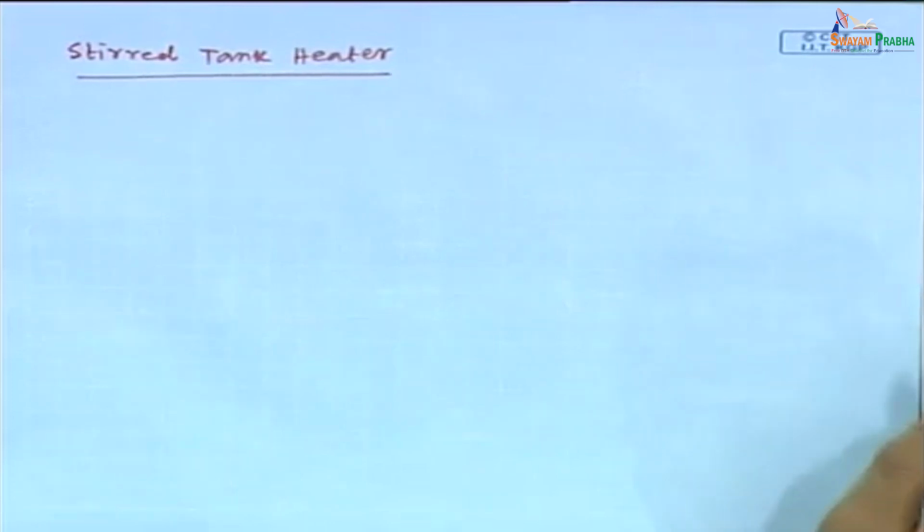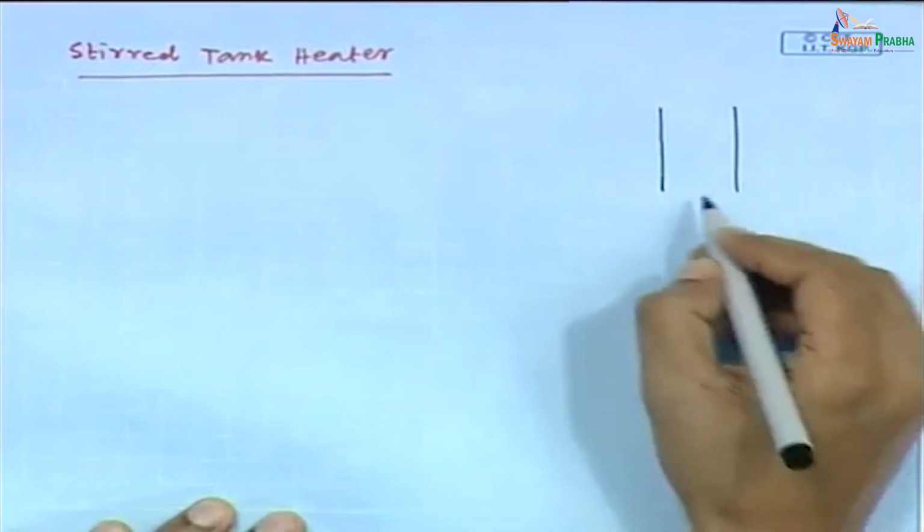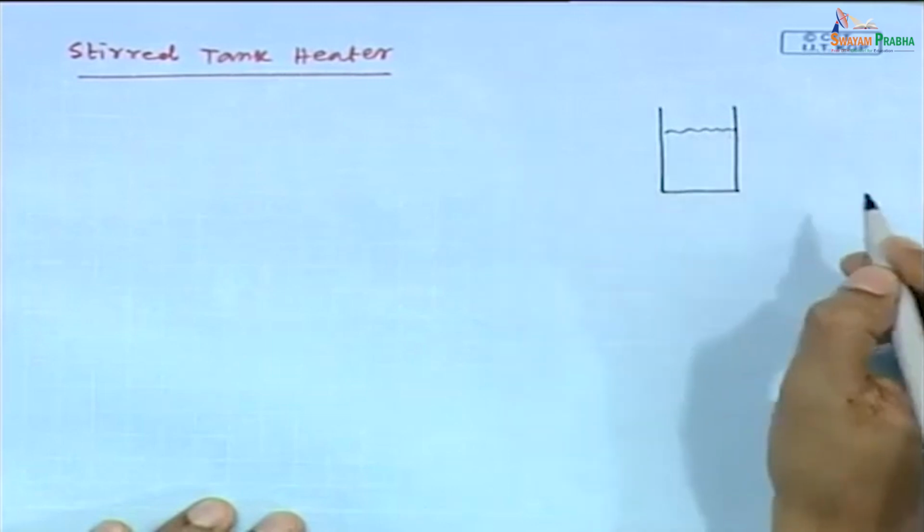So, before going to analyze the degrees of freedom, we need the model. So, first we will develop the model for this system, and then we will go for the degrees of freedom analysis. The schematic of this system we have to draw first.